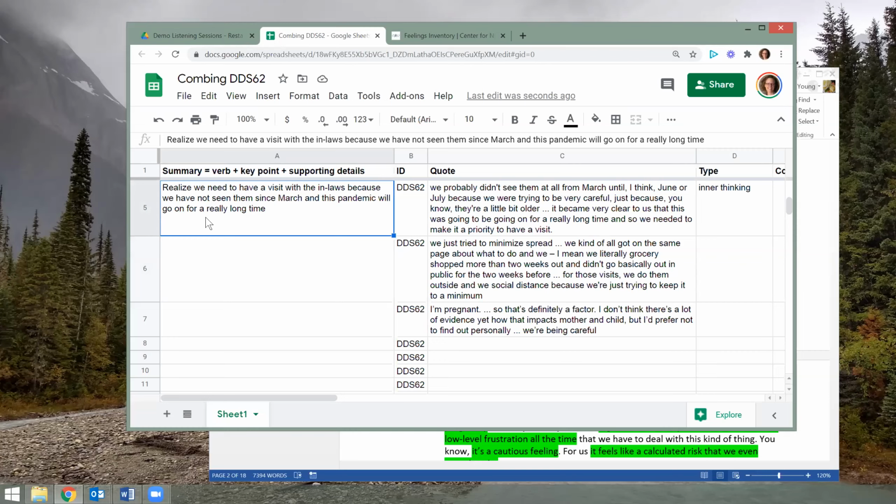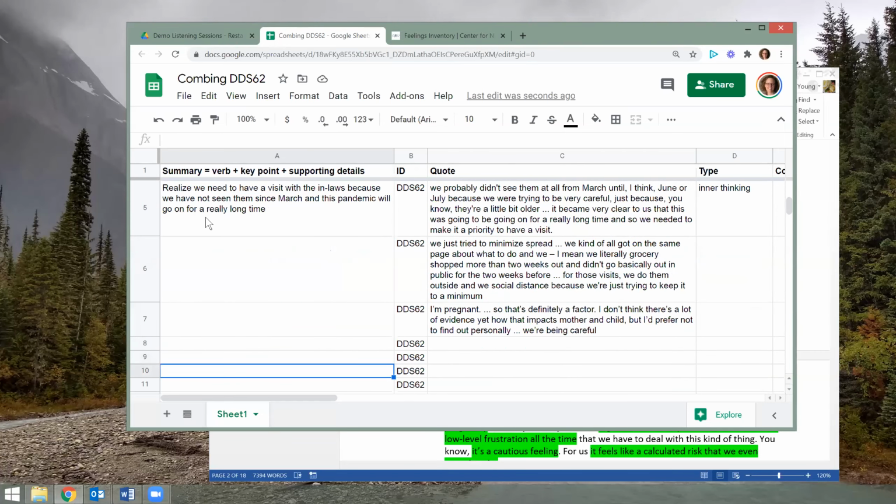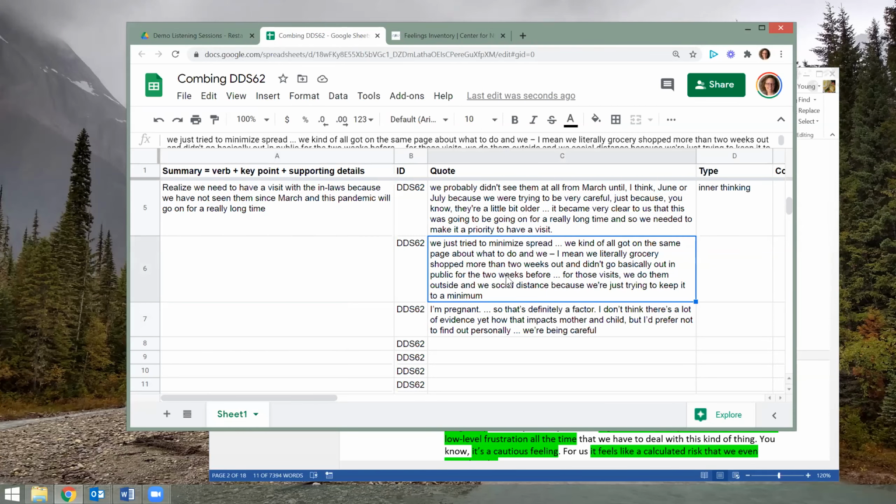She's going back to this very first thing about nerve-wracking because she too saw that word and thought, that's an interesting thing to find out more about. So here she's asking more about nerve-wracking. So it's a low level anxiety all the time, constant consideration. Okay, this is different than these two. So what do I want to do?